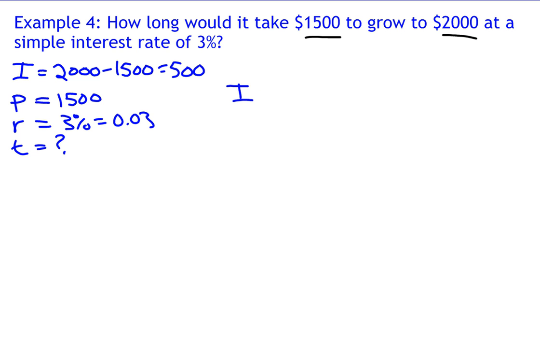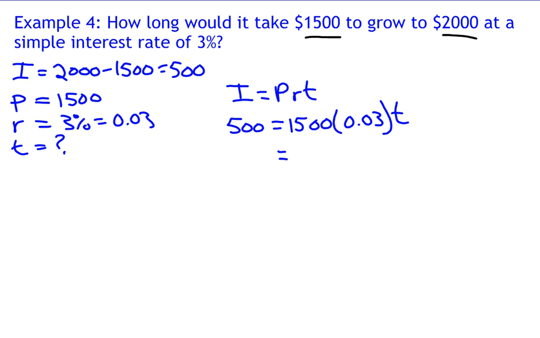Plug that into the equation. I equals PRT. 500 is equal to 1500 times the rate times the time. On the right side, we have some multiplication. We can multiply 1500 by 0.03 and get 45.